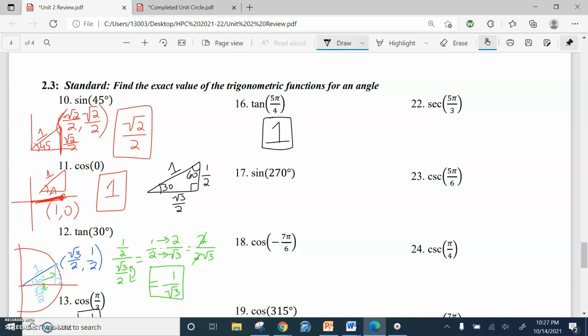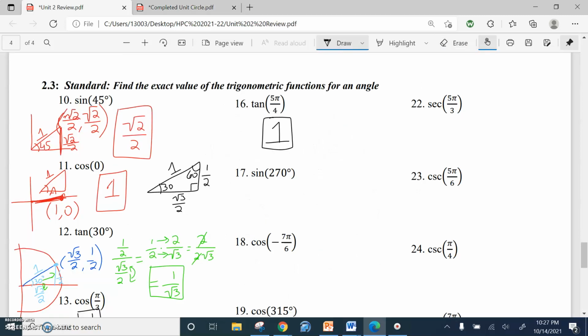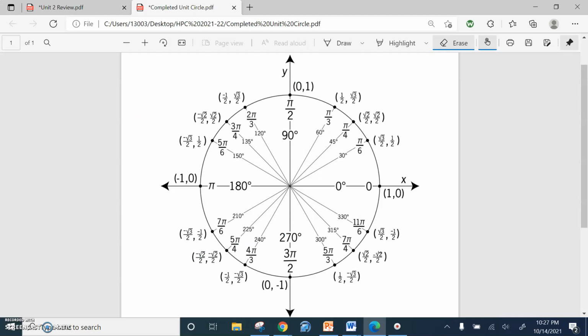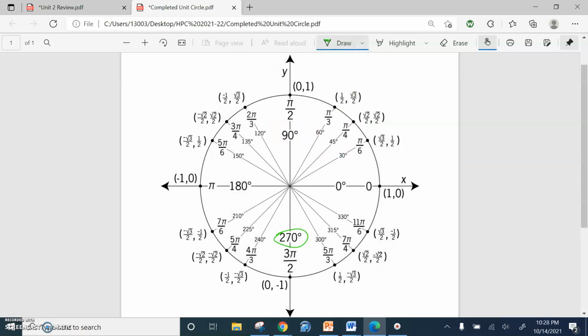Okay, sine of 270 degrees. They're making this too easy on us. 270 degrees is not really in a quadrant, it's actually the divider between quadrants 3 and 4. There's 270 degrees.